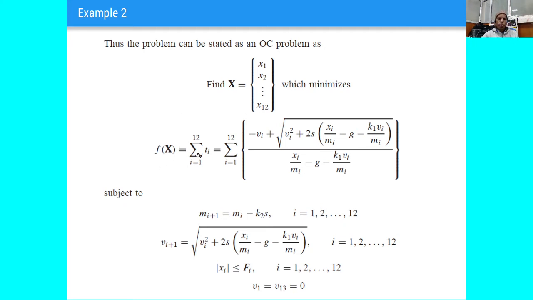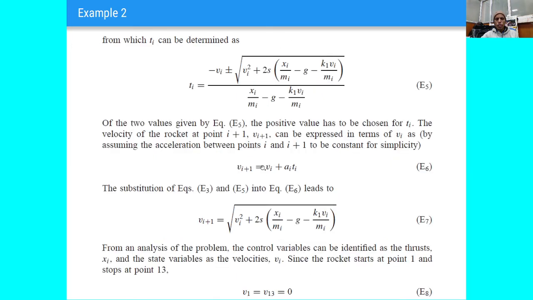Okay, so here f(x), that is the objective function, will be equal to the summation of ti, with i varying from 1 to 12. Okay, so this ti may be given as minus vi.